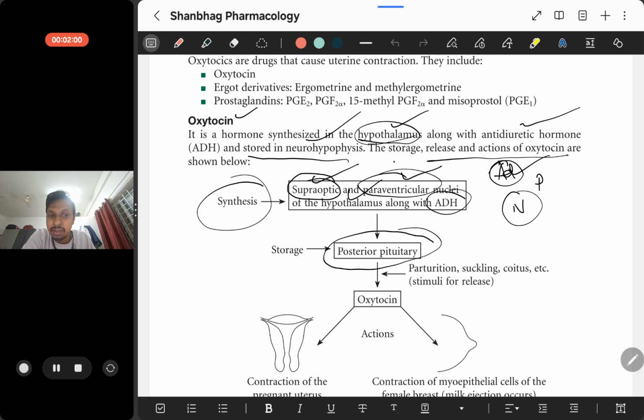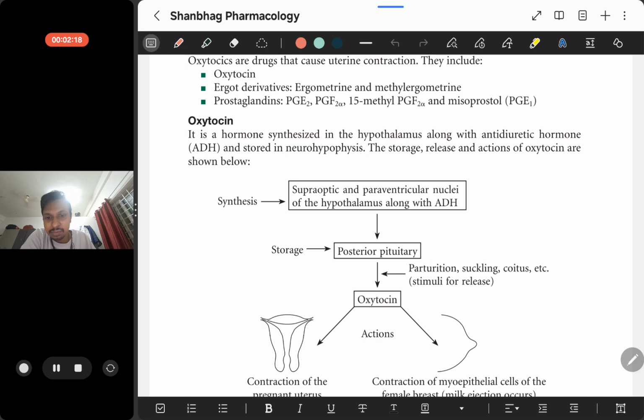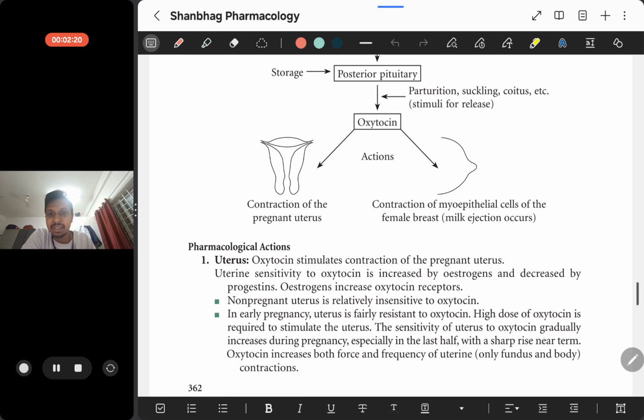Oxytocin is released due to parturition or the suckling effect. Hope you know that when a baby sucks the nipple, it is called the suckling effect, or during coitus. All these things cause the release of oxytocin. This oxytocin basically has certain actions on the uterus as well as on the breast.